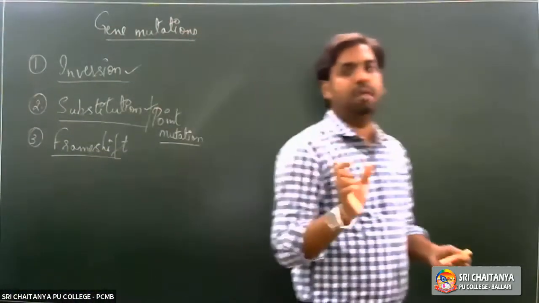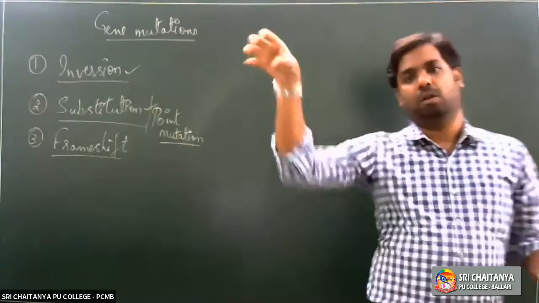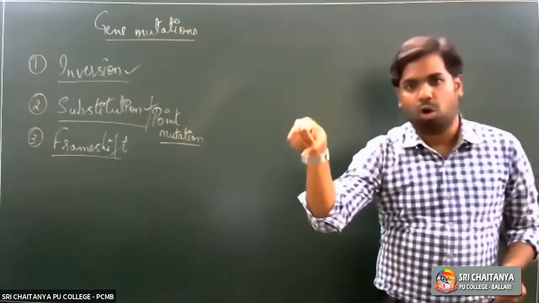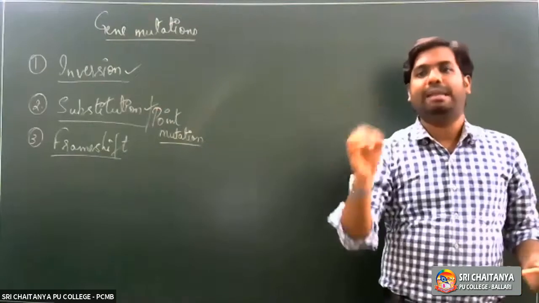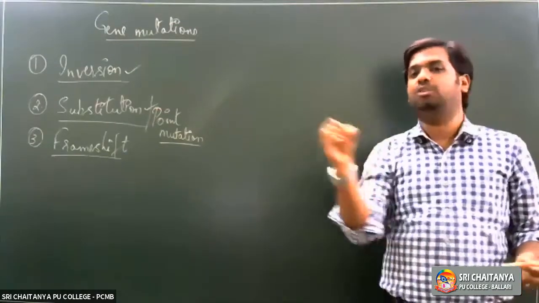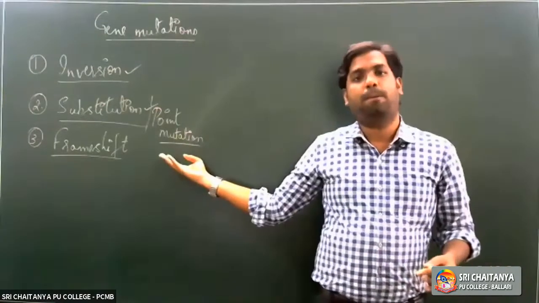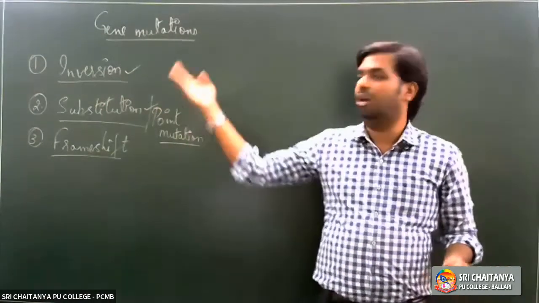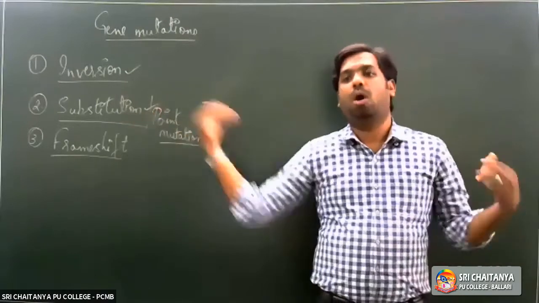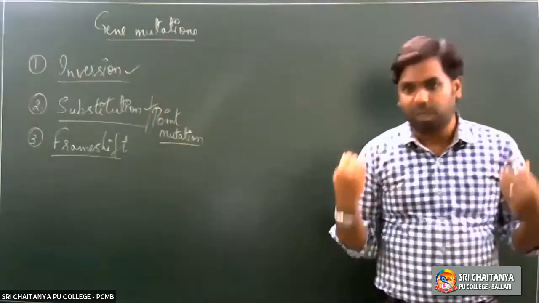We have a gene. In that gene, we have a particular codon. In that codon, only one nitrogen base change is happening. If that is the condition, we call it point mutation, or substitution mutation, or replacement mutation.